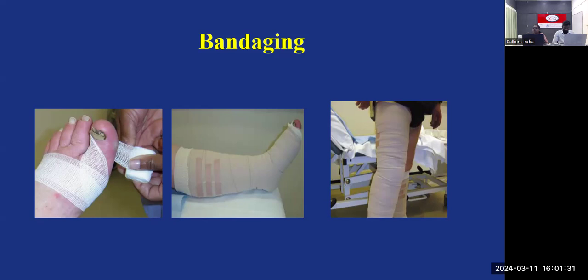Stockings are also helpful, but the thing is about night time. They are more stretchable, and the elastic power is high.